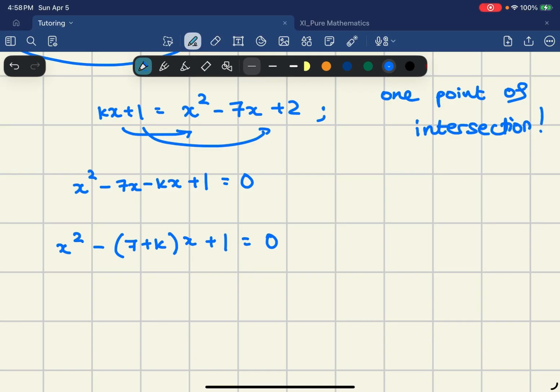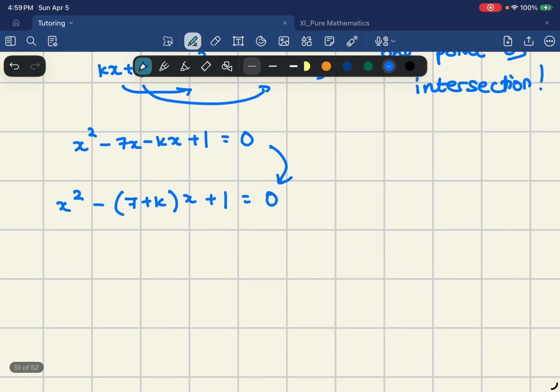So I factored out a minus sign, so I get 7 plus k. If I put the minus sign inside, I get minus 7 minus k, right? And then I factored out an x. So overall it's the same equation. So I just write it like this.